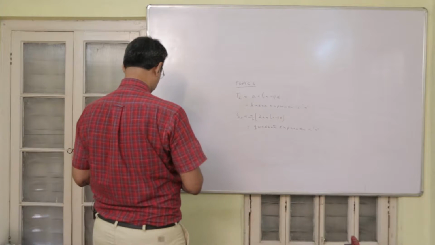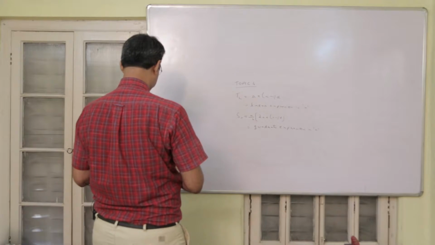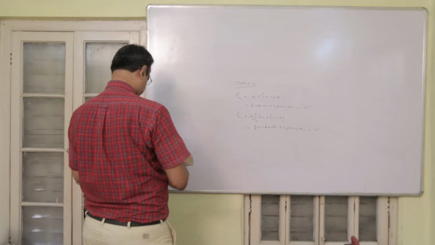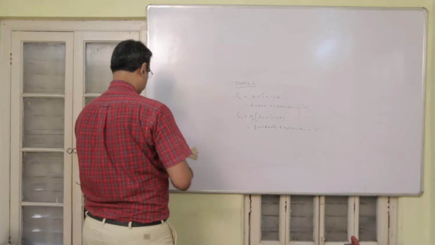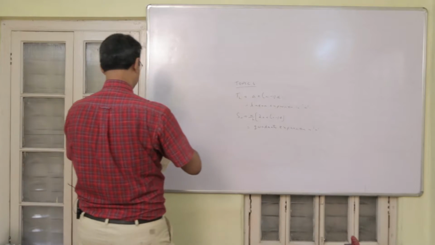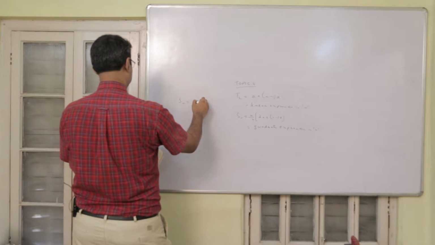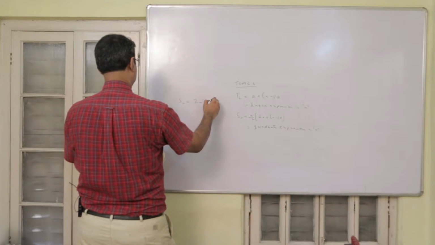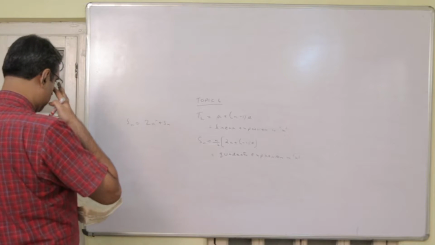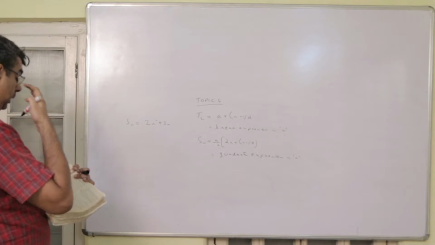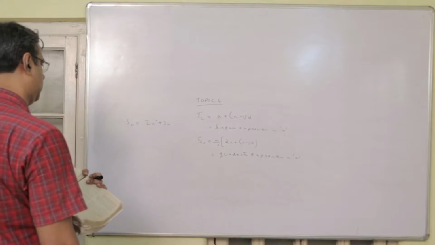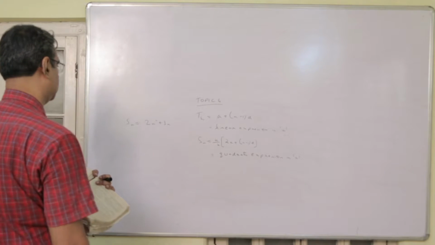Now whenever we get a question in which it has been told that the sum to n terms is a quadratic in n, such as 2n square plus 3n, suppose we are told like this.